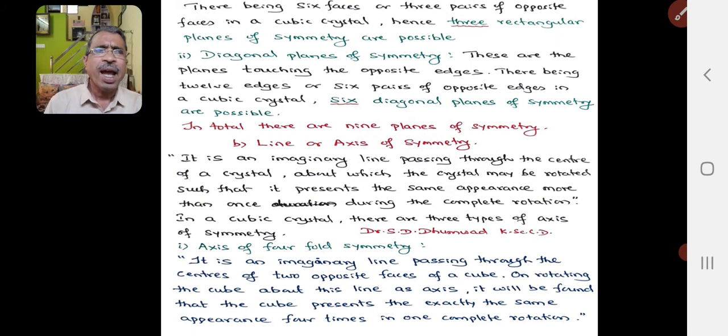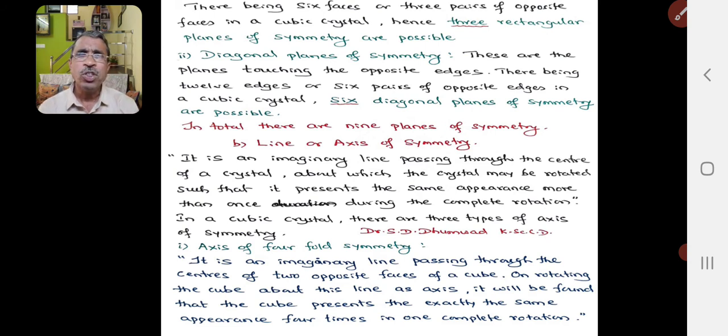Coming to the axis of symmetry. It is an imaginary line passing through the center of a crystal about which the crystal may be rotated such that it presents the same appearance more than once during the complete rotation. Try to understand the statement.